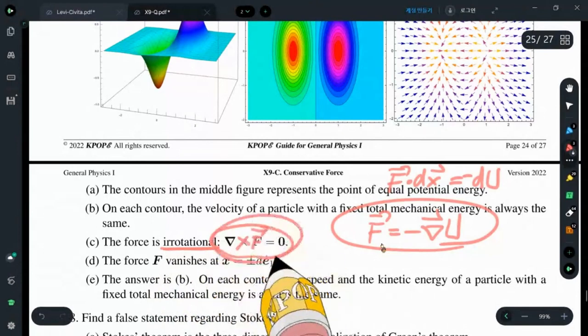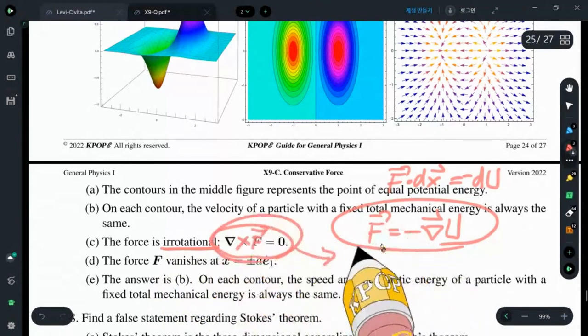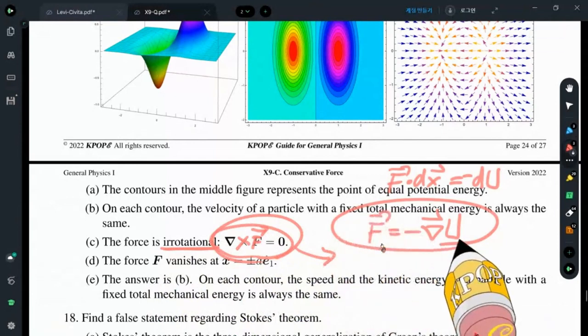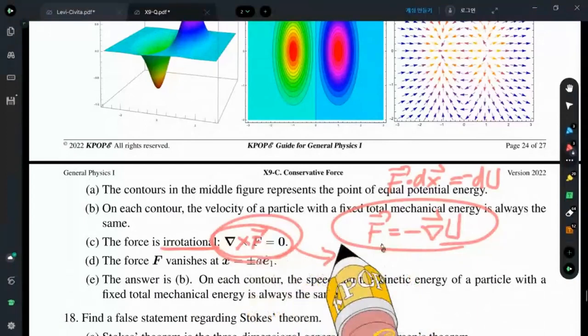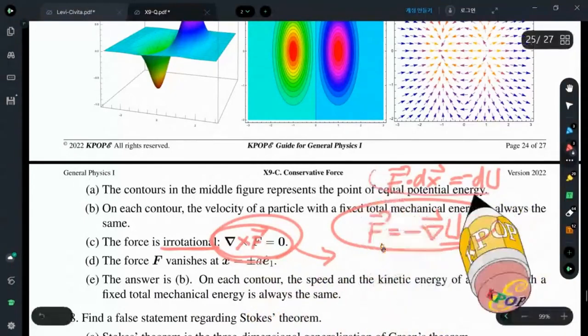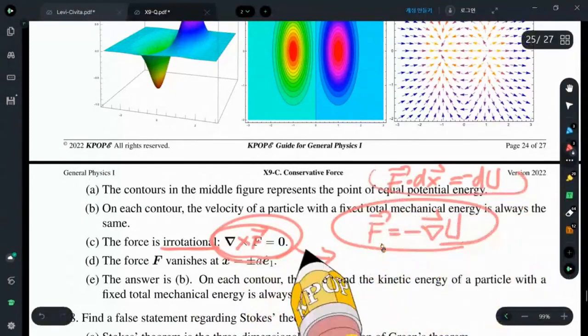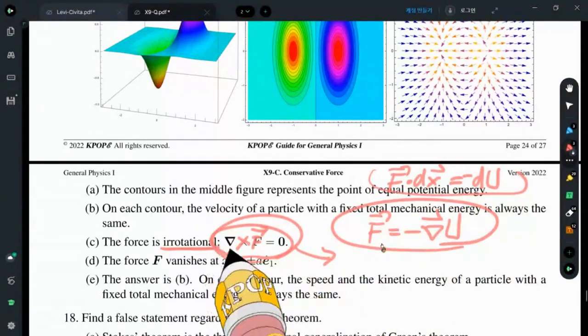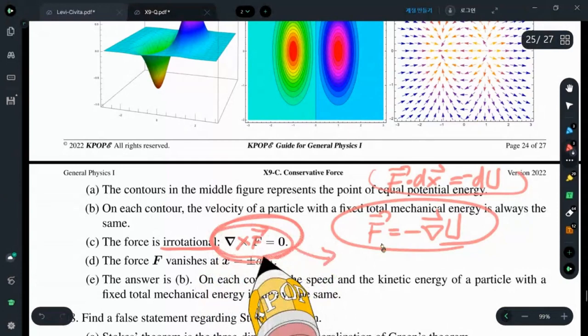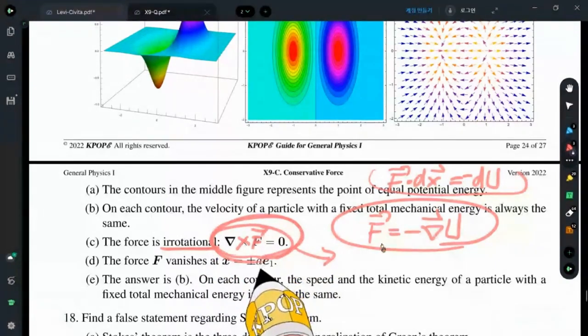In that case, there is always a potential energy that describes this force. So from this kind of form, we can determine whether a force is conservative or not. So if it is irrotational, the force is conservative, and conservative means the total mechanical energy is always conserved.